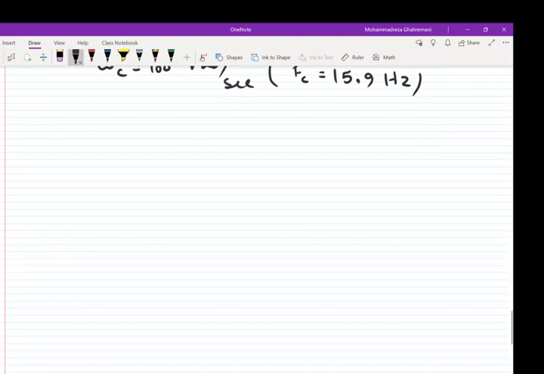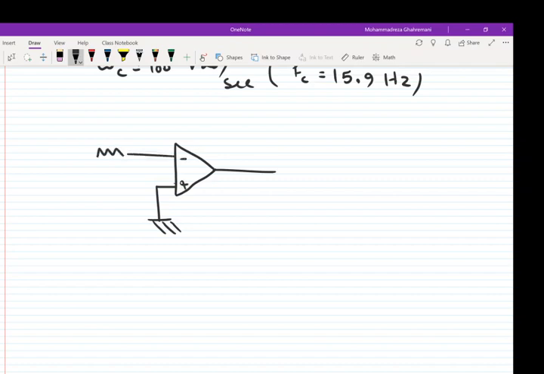So the circuit is, of course, an op amp. The non-inverting terminal is connected to the ground, and the inverting terminal is connected to the voltage source, where Vs is the input voltage, through R1.